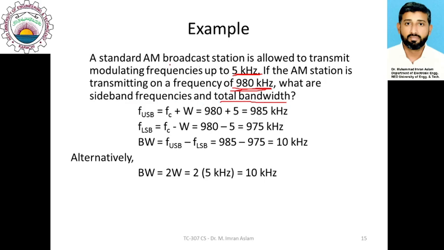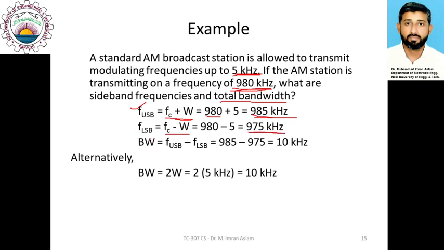We know that the sideband frequencies are represented by the sum and difference of the carrier and the message signal. So the upper sideband frequency would be fc plus W, which is 980 plus 5, that is 985 kilohertz. The lower sideband frequency will be fc minus W, which is 980 minus 5, which is 975 kilohertz.